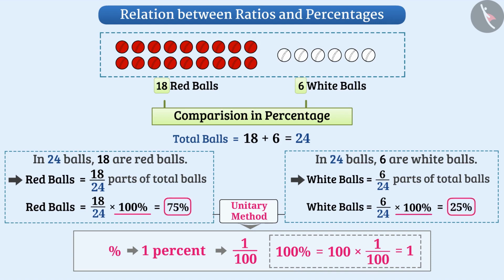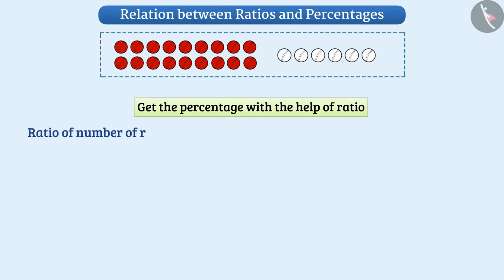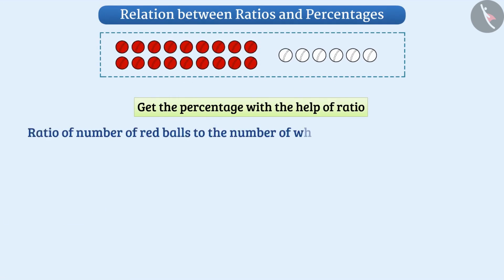It is not necessary that we must know the numbers to express in percentage. But we can also get the percentage with the help of ratio. For example, here the ratio of number of red balls to the number of white balls is 3:1.